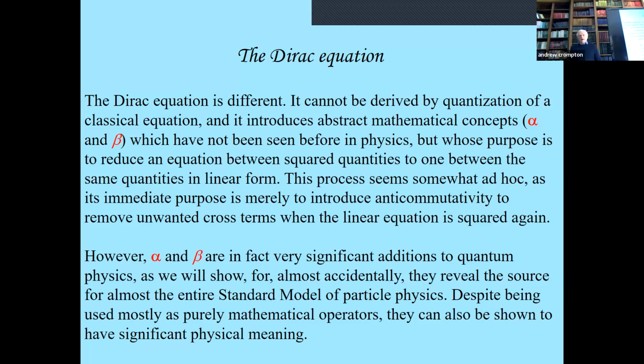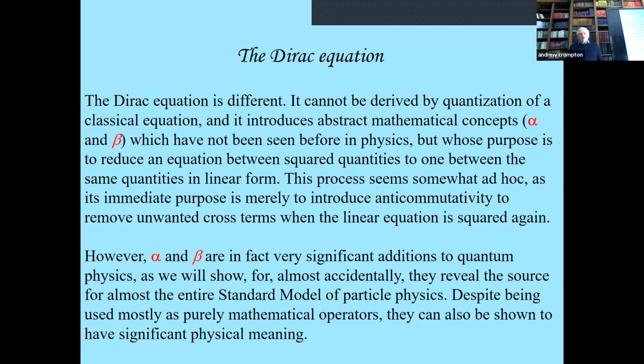But the purpose of that was to reduce a squared equation, in squares, into an equation in non-squares, a linear equation. And it seems rather ad hoc. It works, but it's just to introduce anti-commutativity so you can get rid of the unwanted cross terms when you square it. However, I don't think that's the right way to look at it.